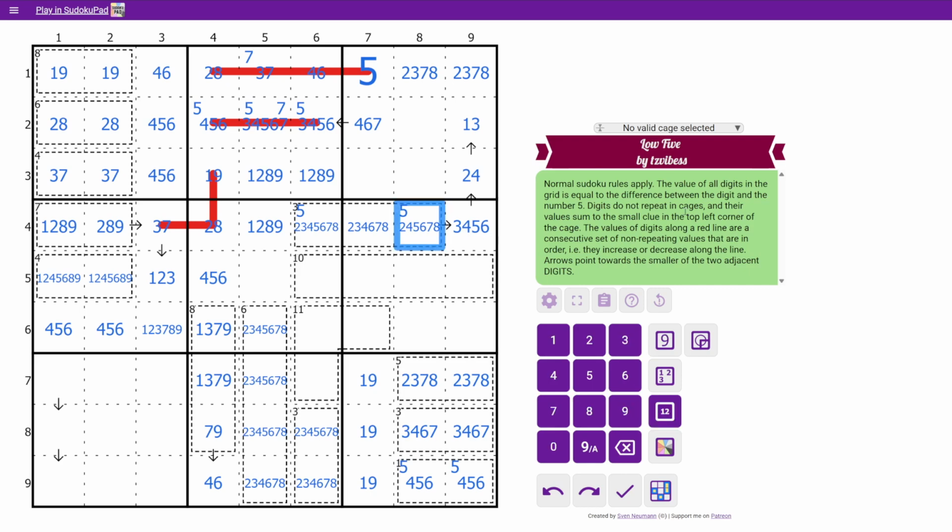This cannot be a 2. Oh no, it couldn't. What am I on about? I think it's a 0, 1, 2.